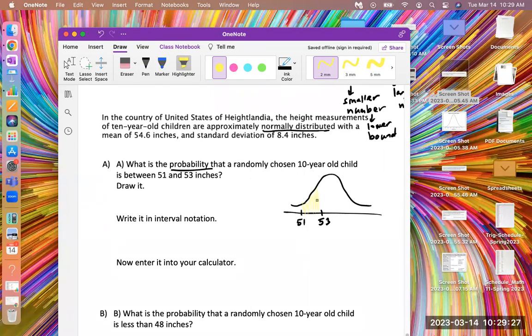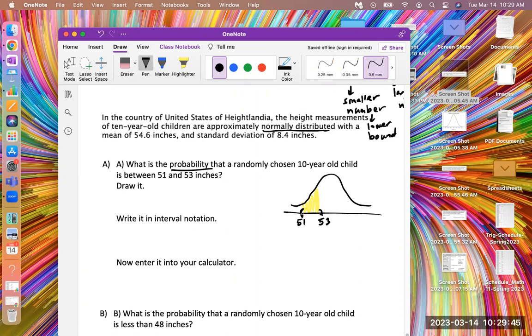We're going to be finding the area under the curve, but first we have to describe to the calculator the values on the x-axis, the interval in which we're going to be shading under the curve.